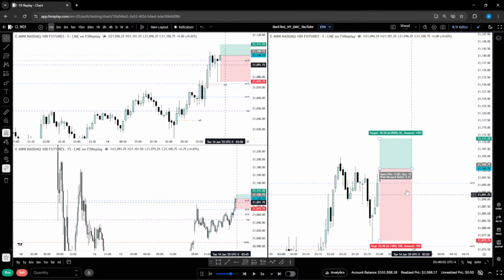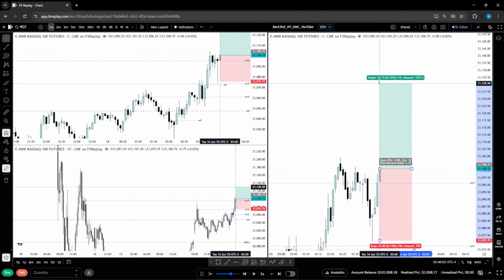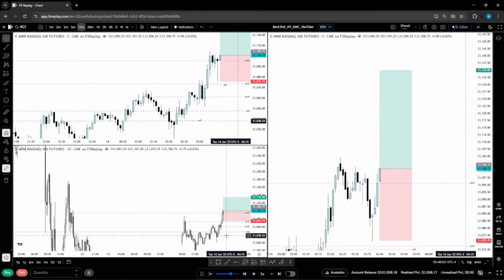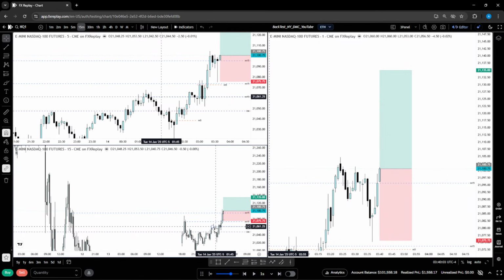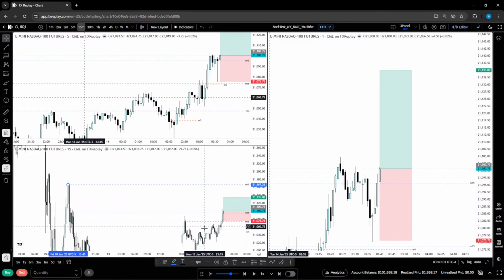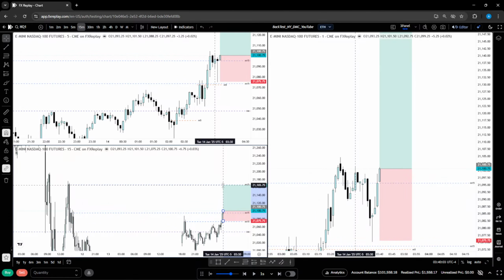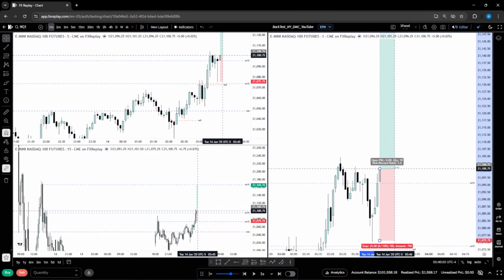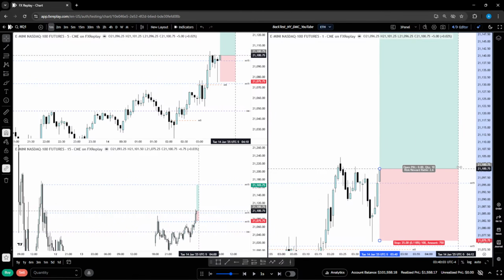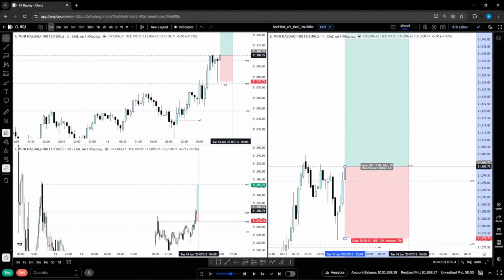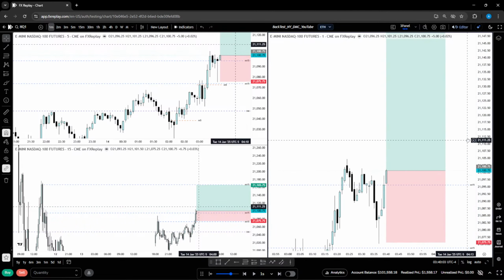Hopefully we don't go too much below. So if we don't want to go and test levels below further, we could go to here. We'll see.